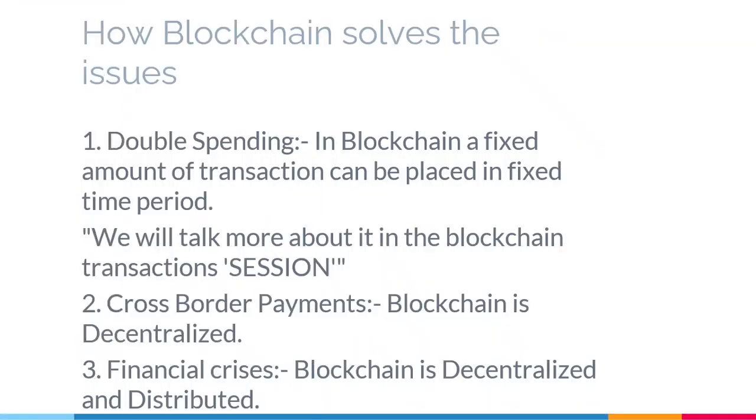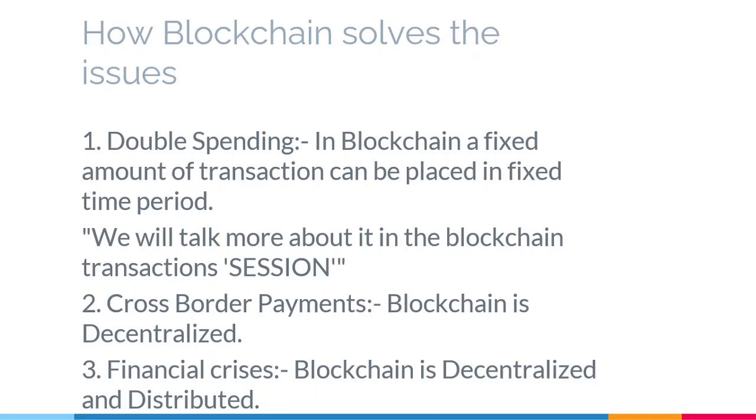Now, before moving on to the next topic, let's discuss how blockchain solves the issues. First issue was double spending, and in blockchain, a fixed amount of transactions can take place in a fixed time period. We will talk about it more in the blockchain transaction section. Second was financial crisis. Blockchain is a decentralized, distributed, public ledger system, so your records are immutable, and no single entity is having full control.